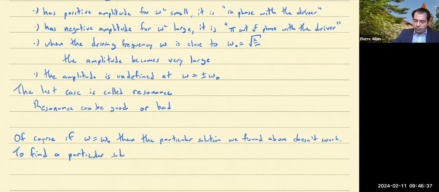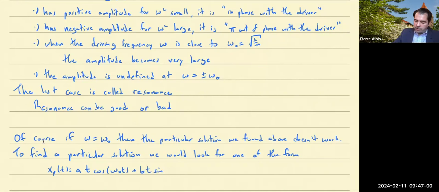To find a particular solution, we would look for one of the form x_p(t) = a t cosine omega naught t plus b t sine omega naught t.